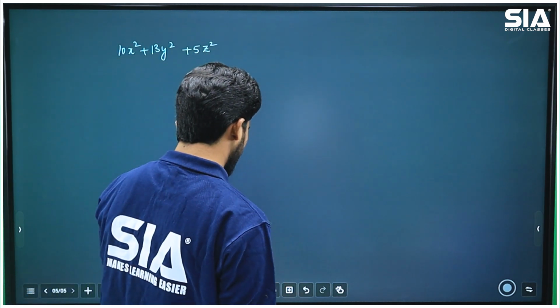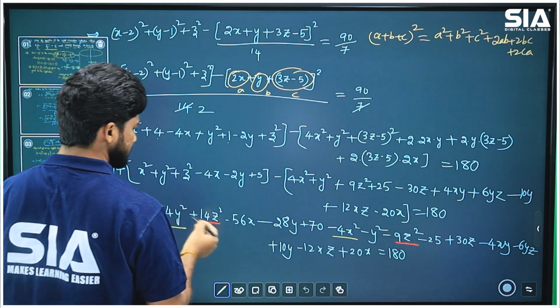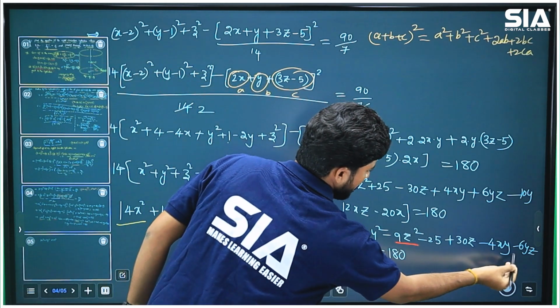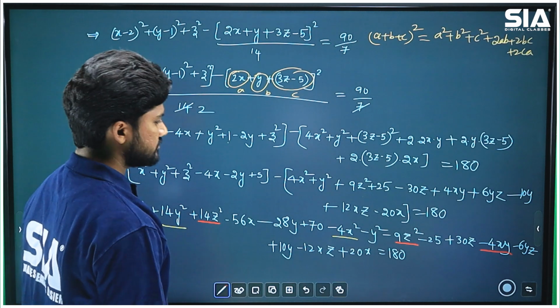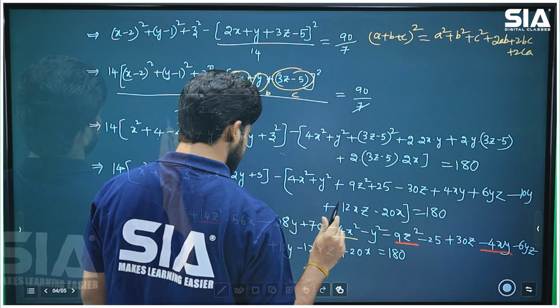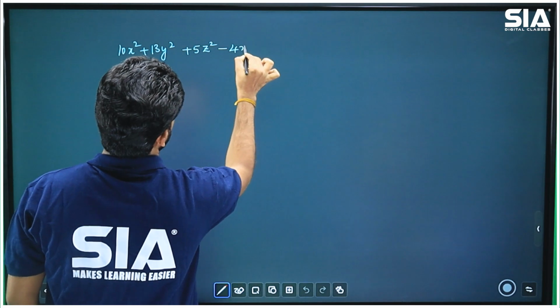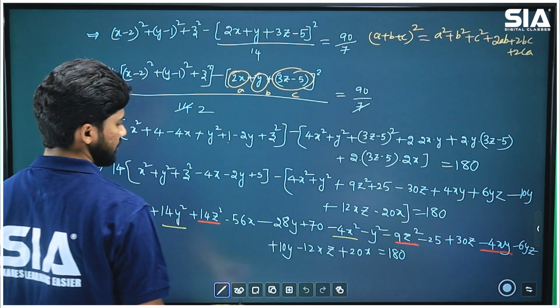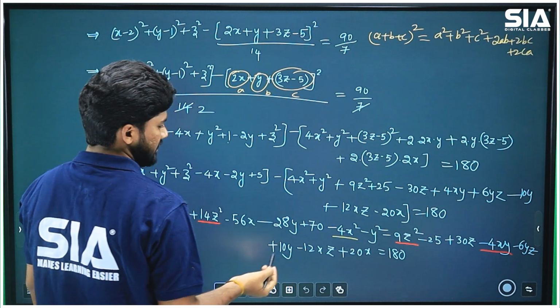So next, finally here after x square, y square, z square, take the xy value. Here you have minus 4xy, only one value we have. So write that value, minus 4xy. After the xy term, what do we have next? The yz terms.